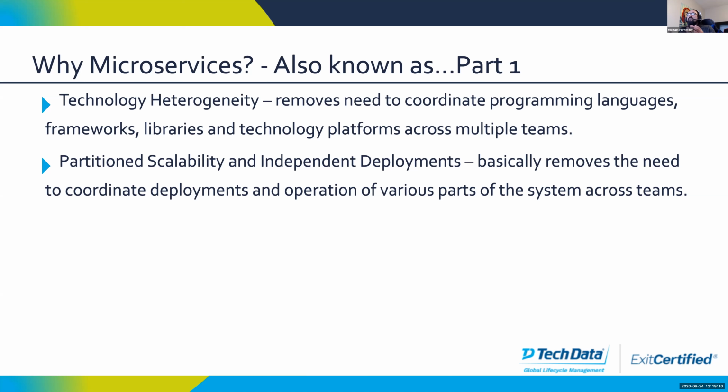So technological heterogeneity allows you to mix and match technologies as the microservices team sees fit. That's another why for microservices, because it allows for evolution. And of course, you don't have to coordinate deployments anymore. Imagine with a monolith, you have 6 or 7 modules all tested, integrated, regression tested, and working together.